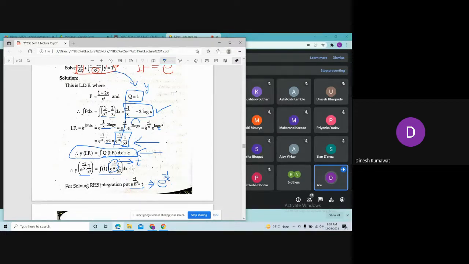We know that the derivative of e to the power x is e to the power x, but this is not x. So we need to take the derivative of this term again. So what is the derivative of minus 1 upon x? 1 upon x square, into dx, right? And this is equals to dt. Is it clear?